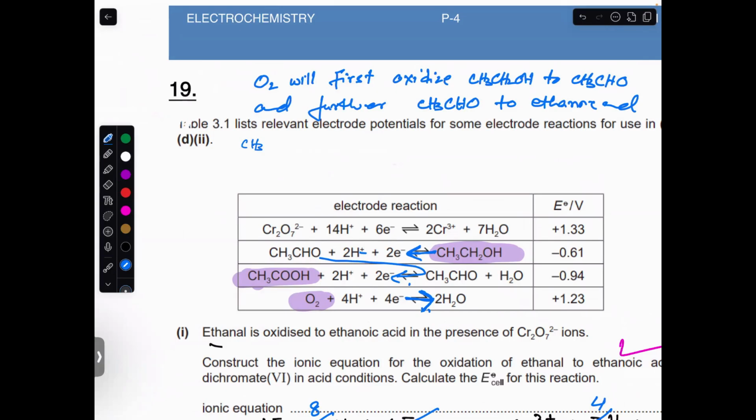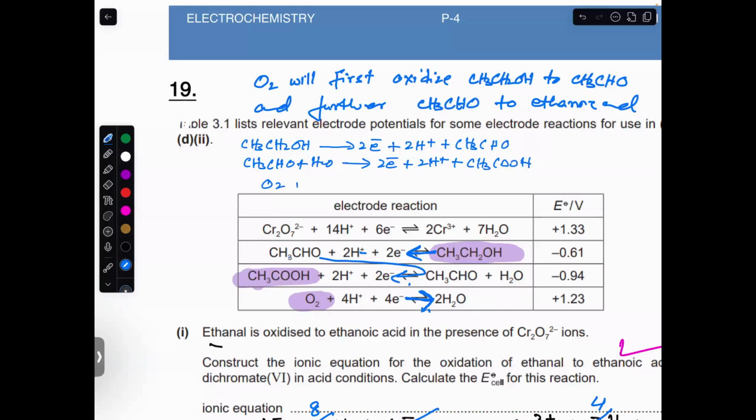CH3CH2OH, losing 2 electron, making 2H plus and CH3CHO, and further CH3CHO plus water making 2 electron, 2H plus, and CH3COOH. And oxygen is the one which is gaining electrons alone.